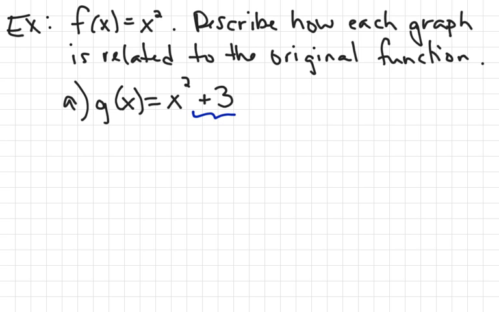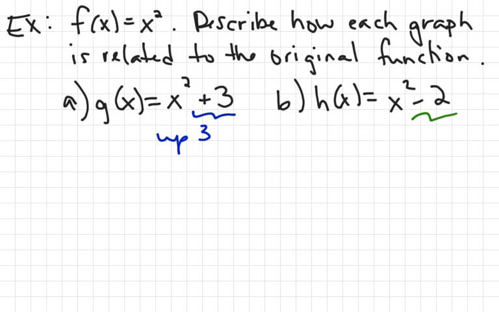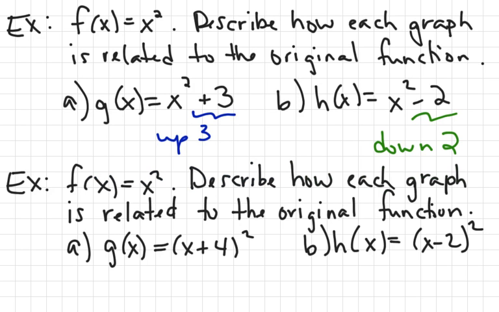That plus 3 outside of the x squared moves the graph up 3. And if I want to know how the graph of h of x equals x squared minus 2 is related, I want you to notice that this minus 2 is the only thing that's different. It moves the graph down 2 units.